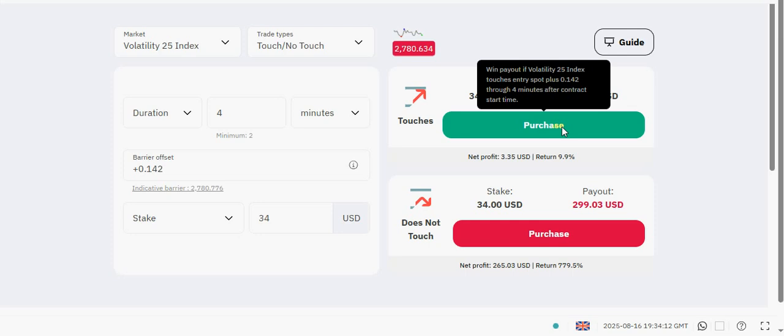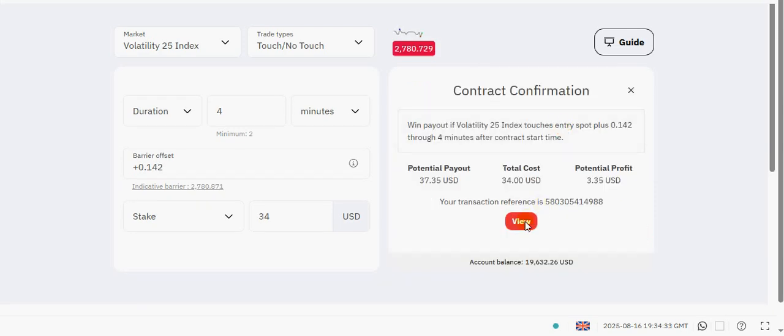It's down. Let's wait for our number. 766. Back up again. It's down. 619. 604. Going back up. Down, 361. You can see right there.